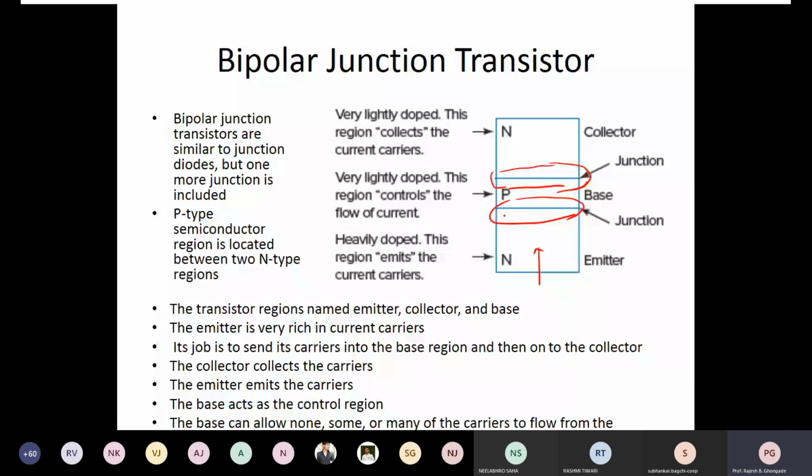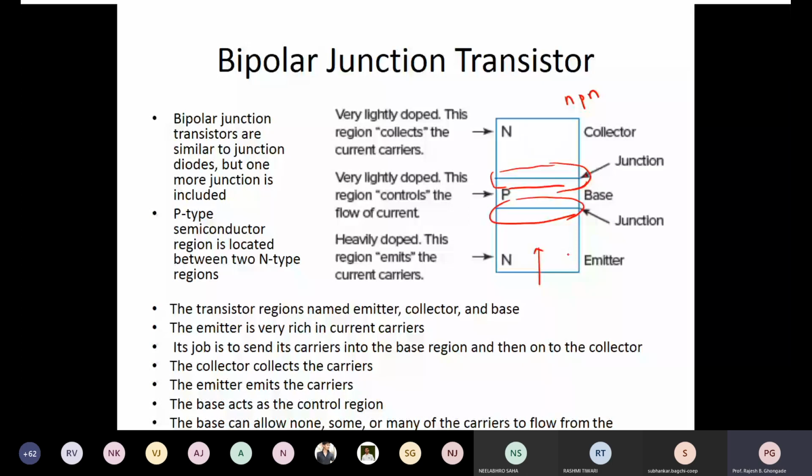For this particular example, which is an NPN structure, we have an N-type semiconductor connected to a P-type semiconductor, which in turn is connected to an N-type semiconductor. So these are all metallurgical junctions.